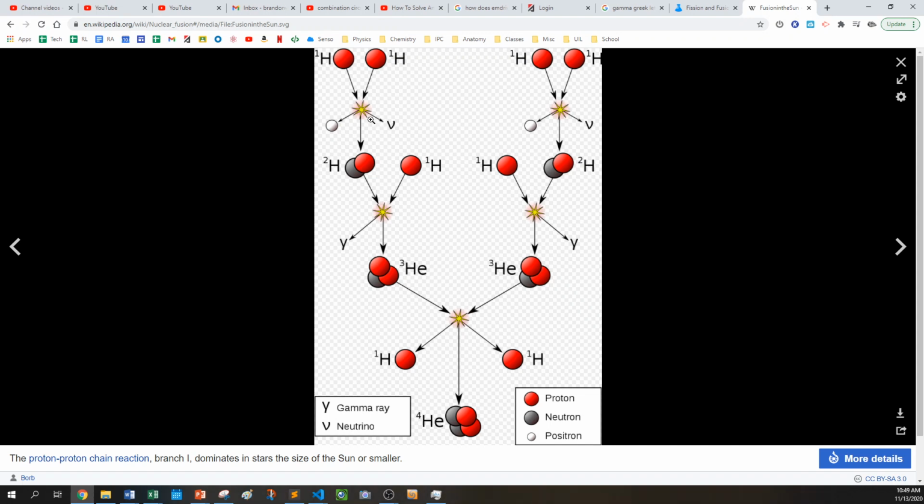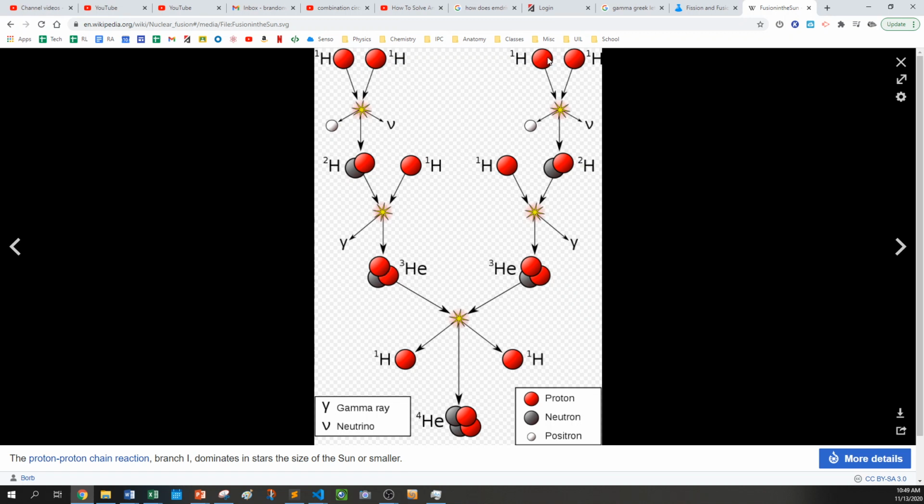Basically, a proton becomes a neutron, and we get hydrogen 2. Another hydrogen 1 atom hits this, and a gamma radiation comes out, and we get helium 3. So this proton attaches with this nucleus.